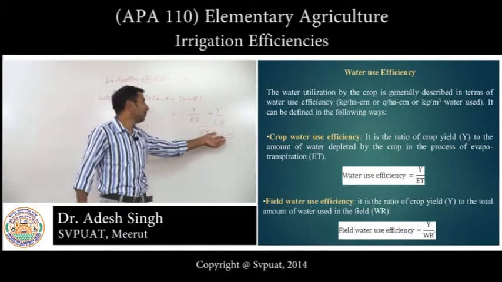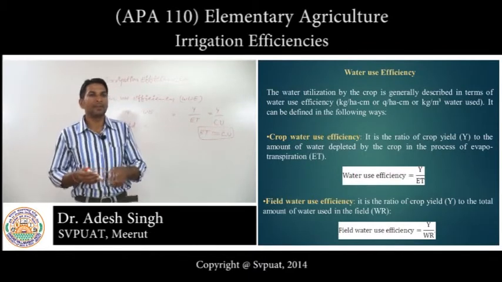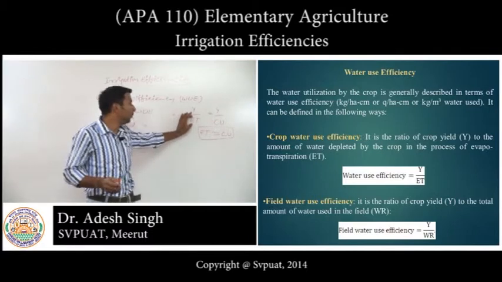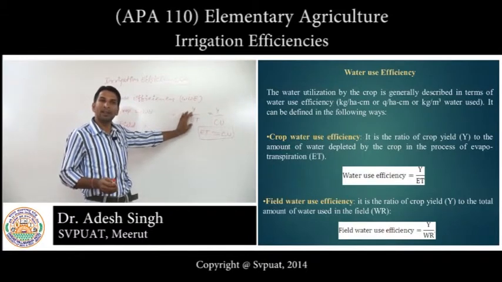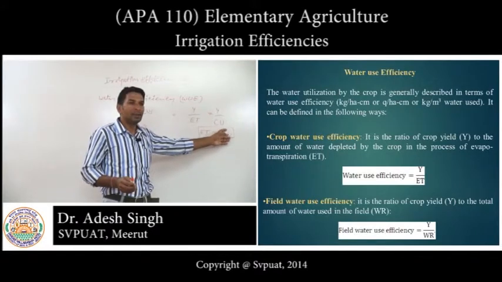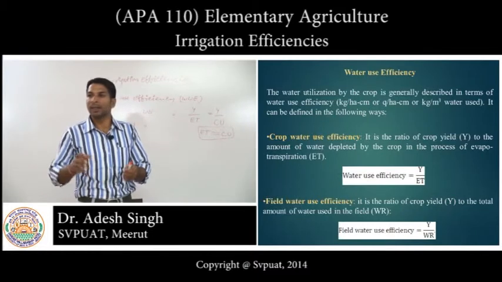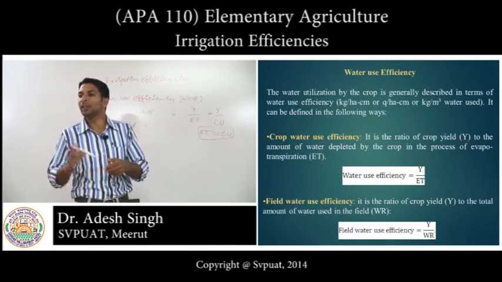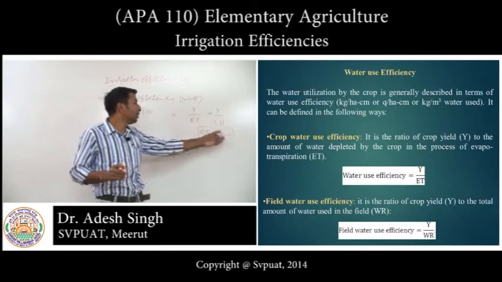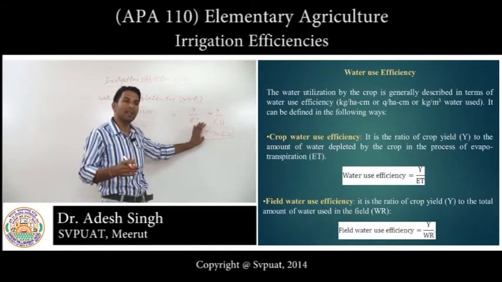But since the water used in the metabolic activities is quite less, sometimes the water used in the evapotranspiration process and the water used in ET plus metabolic needs are considered equal. But the consumptive use of water is something greater as compared to the actual ET.